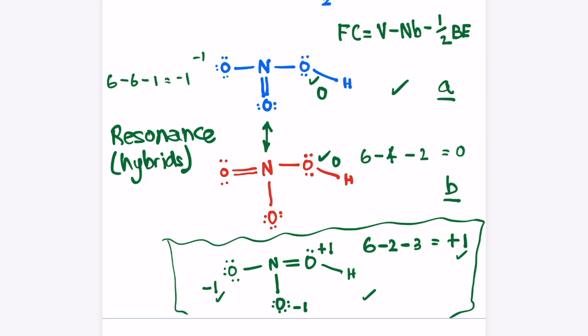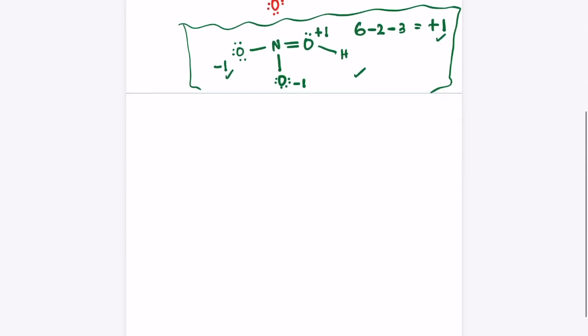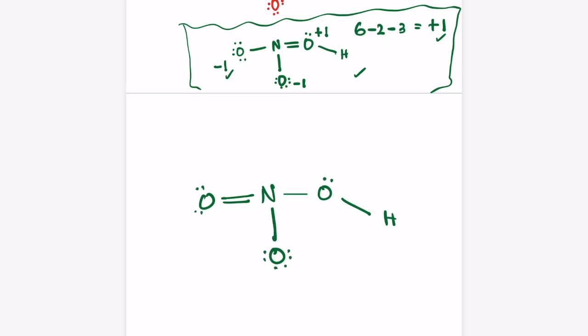The truth is, the bond lengths and strengths in nitric acid, which if we were to redraw it right here, N single bonded to oxygen, here, double bonded over here, and single bonded over here. The actual bonds between nitrogen and oxygen are equal to 1.5 in both strength and length.